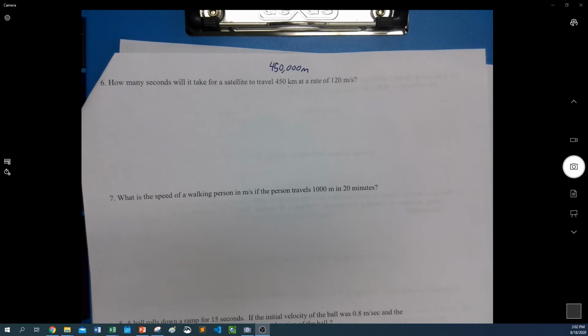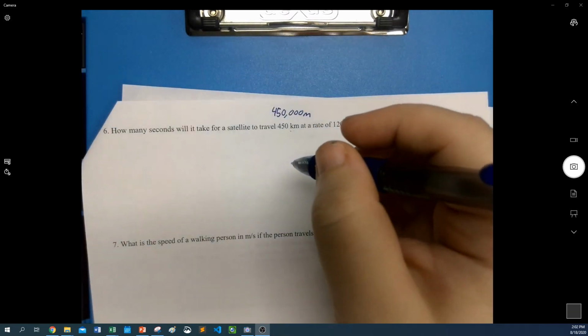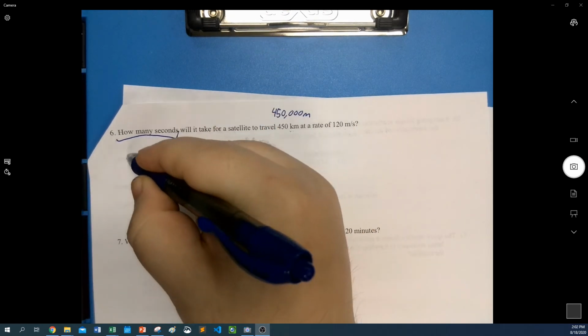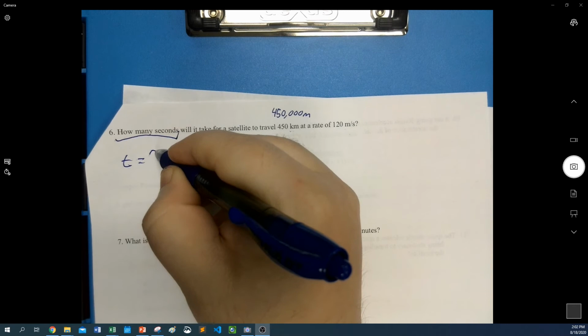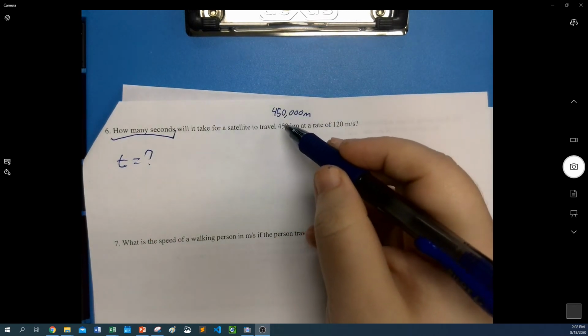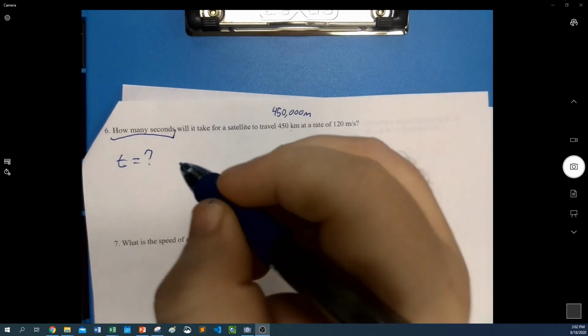Anyone get the answer? So how many seconds? What we're looking for is time. Will it take for a satellite to travel a distance of 450 kilometers?